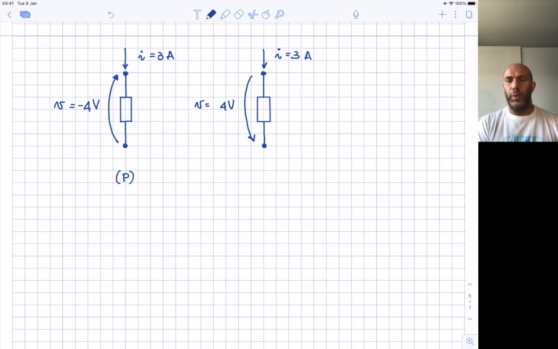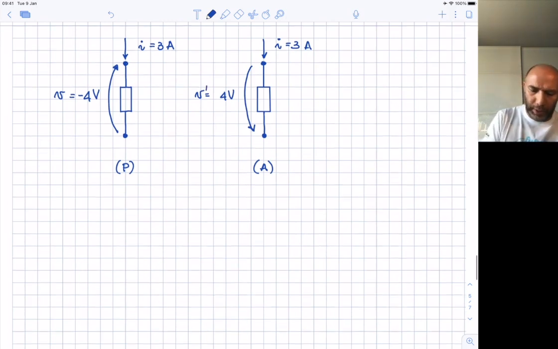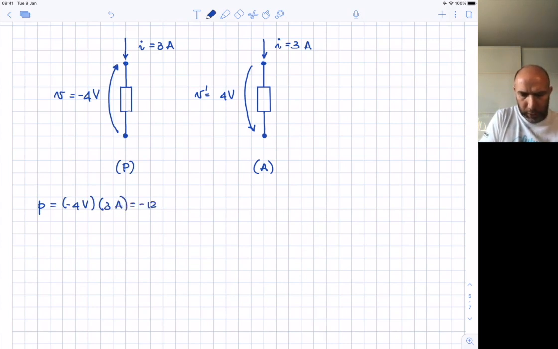In the second case, we study the component according to the active sign convention, and in this case, the voltage is reversed and, of course, changes with the sign, and it is 4 volts. Now, let's calculate the power in the two cases. In the first case, the power is VI, so it is minus 4 times 3, that is minus 12 watts.